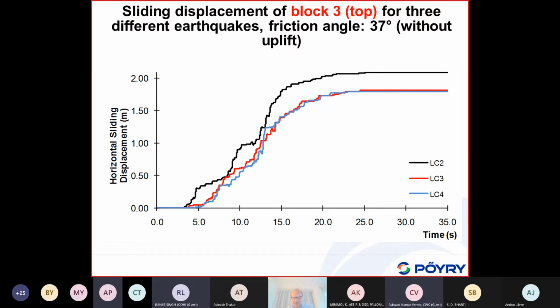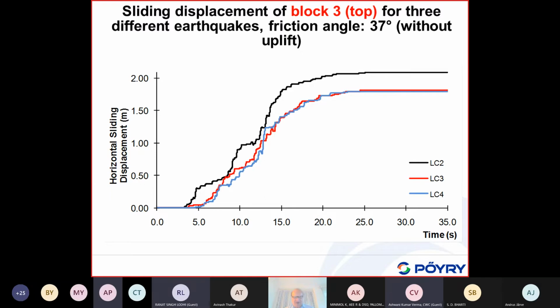The base movement was about 1 meter. Now this block, dry, is 2 meters. So it is obvious that for the safety of this dam, the stability of blocks near the dam crest is more critical than sliding movements of the whole dam body.